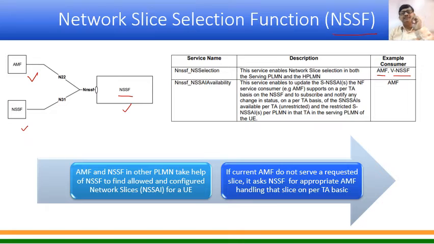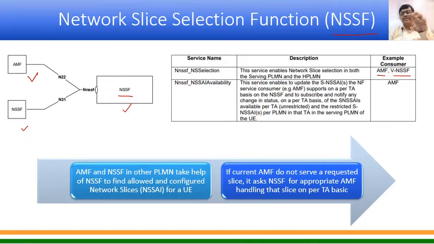The second service which it offers is about availability. For example, a particular network slice is offered on a TA basis. TA is tracking area. So the entire coverage of 5G is divided into tracking areas that may consist of one or more cells, right?